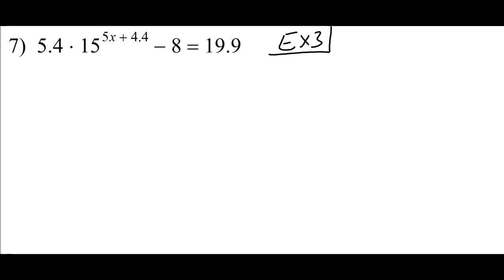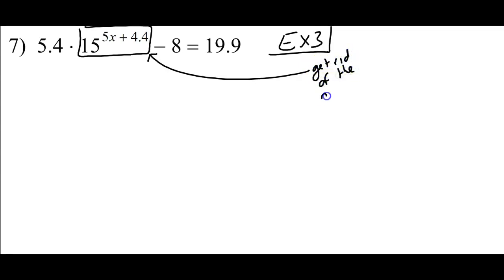So in this case, what I want you guys to notice is let's box this. You don't have to do that, but for your notes, it might be helpful. That part is the exponential piece, we'll call it. So I would just say, get rid of the outside numbers.